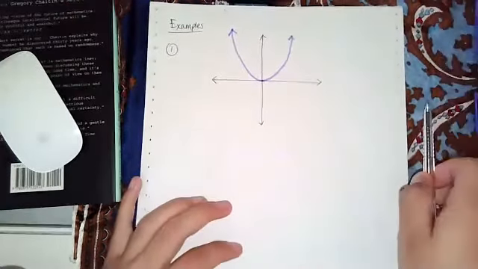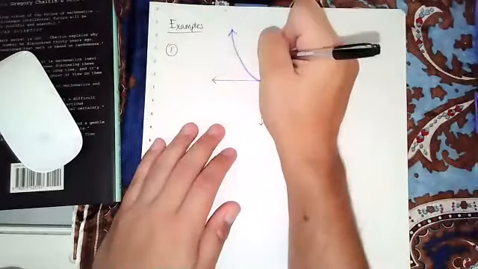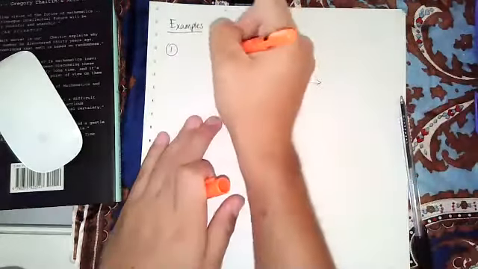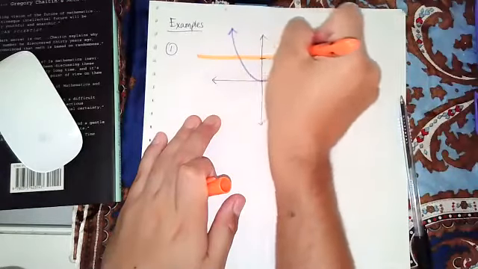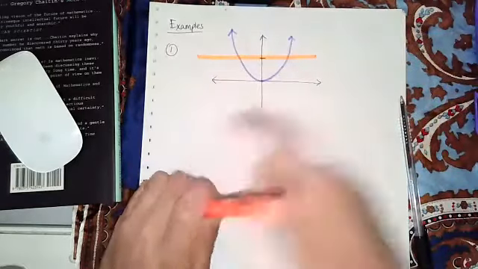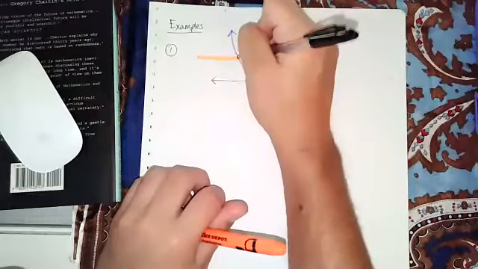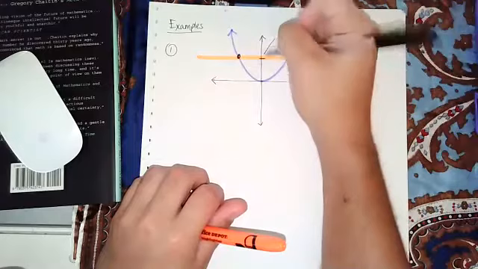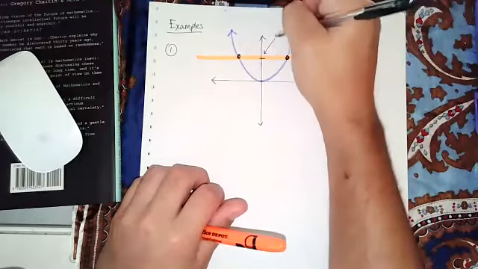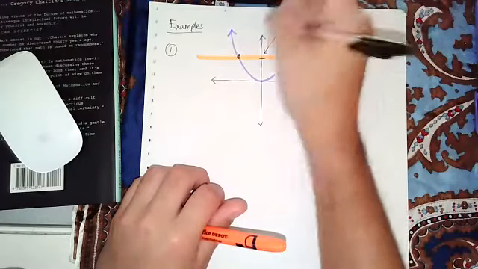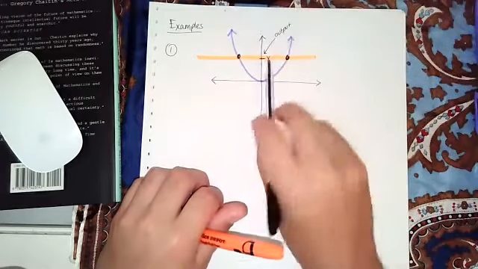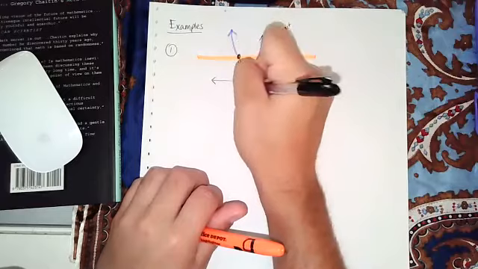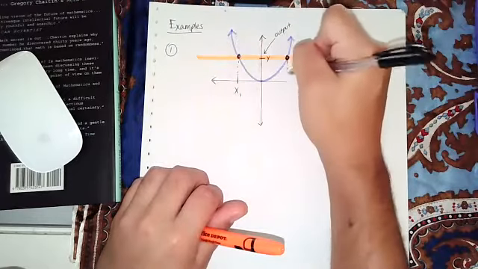The horizontal line test says that if I can draw a horizontal line through my graph like so, and if that line crosses at 2 places, well then this output, or this y value, whatever that y value is, seems to have two x values.